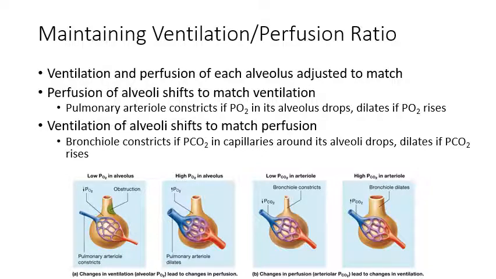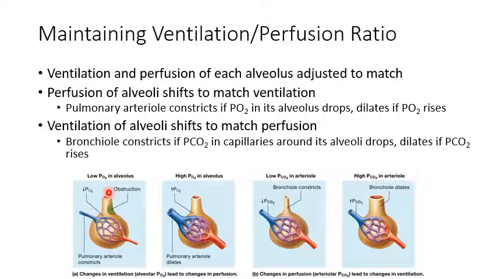So your body has a couple of ways to maintain the VQ ratio, and it'll adjust it for individual alveoli so that every alveolus will have the most efficient VQ ratio that it can. So one thing that the body can do is change the diameter of the pulmonary arterioles depending on the ventilation of the alveoli.